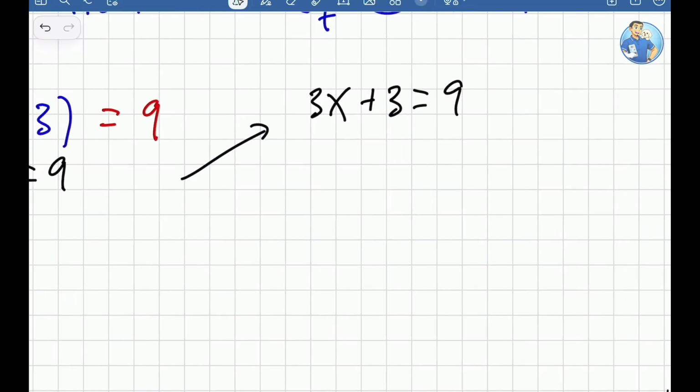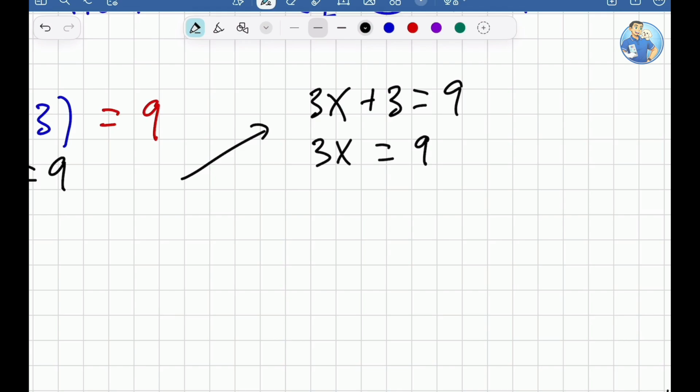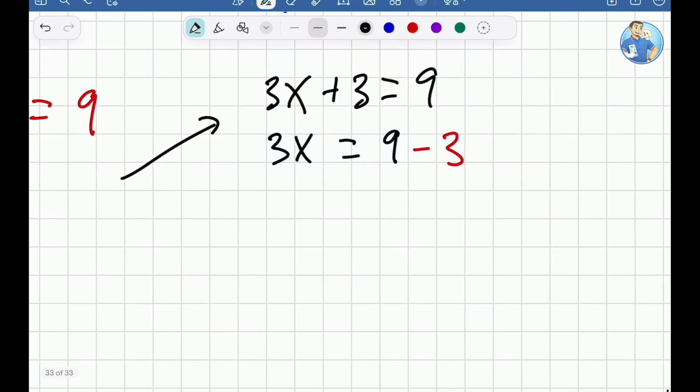So the goal now is to solve for x. So we need to move this number 3, this is a plus 3, to the right side by using the opposite operation. So we have 3x equals 9 minus 3, because now this is the opposite operation. Then we have 3x equals 6.